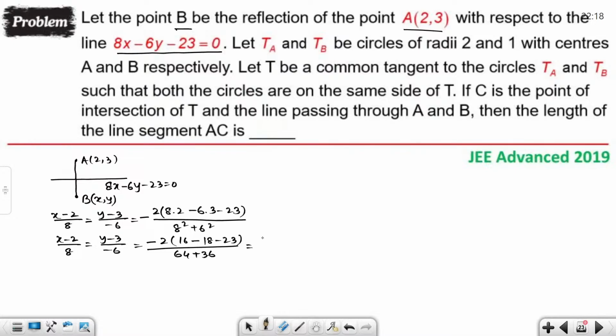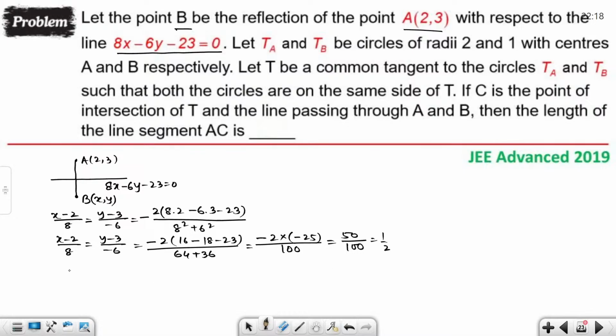So what we are getting actually is minus 2 times minus 25 divided by 100. So we are having actually 50 over 100, that gives us half, right?